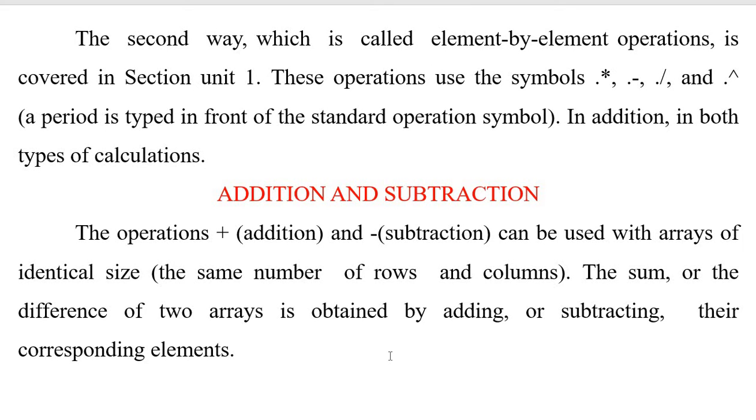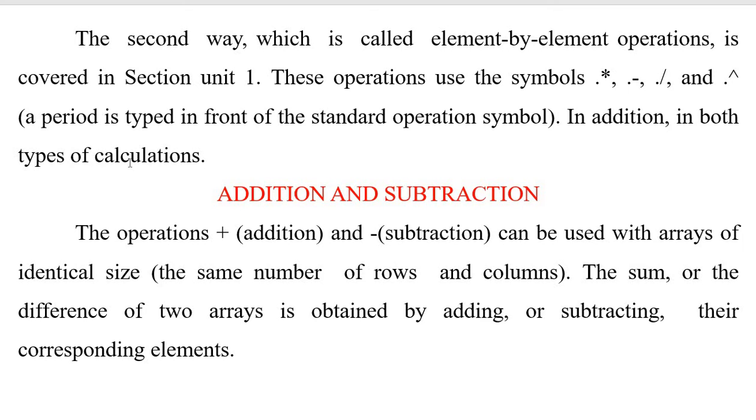The second way, called element-by-element operation, is covered in the next section. These operations use a dot symbol: dot multiplication, dot division, and dot exponentiation. A period is typed in front of the standard operation symbol. Addition and subtraction are the same in both types of calculation. So these are the mathematical operations in arrays.